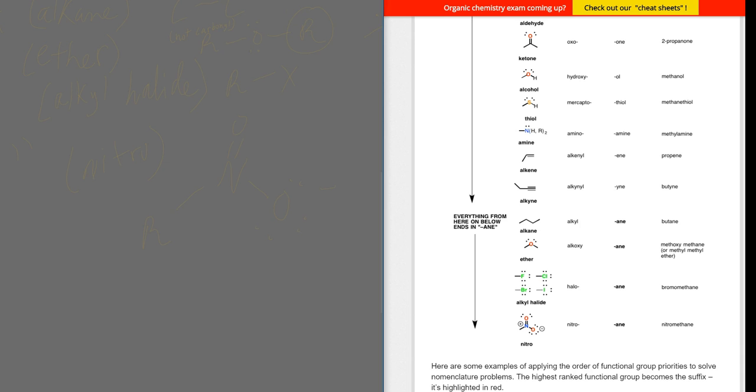This has a formal charge. Negative here. 1, 2, 3, 4. This nitrogen has a positive charge here. This would be a resonance structure, if I'm not mistaken. Nitro.